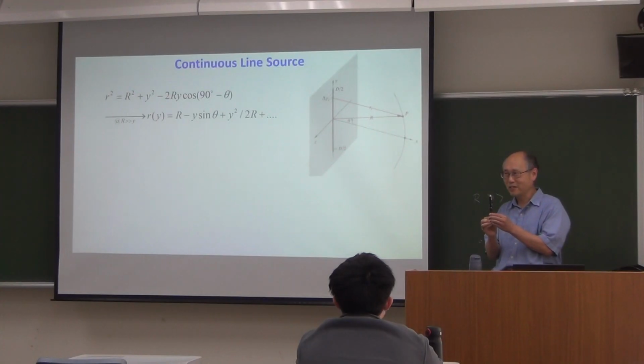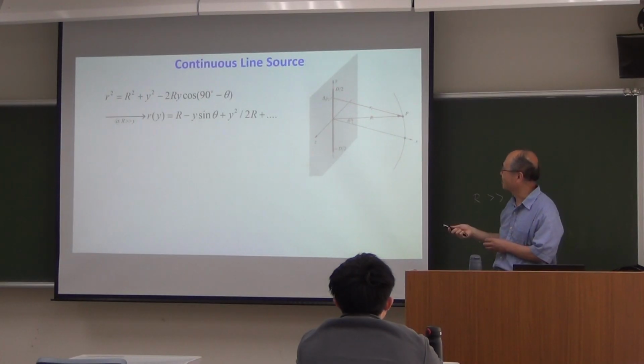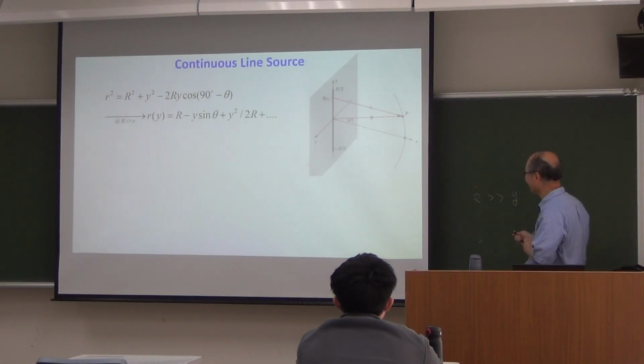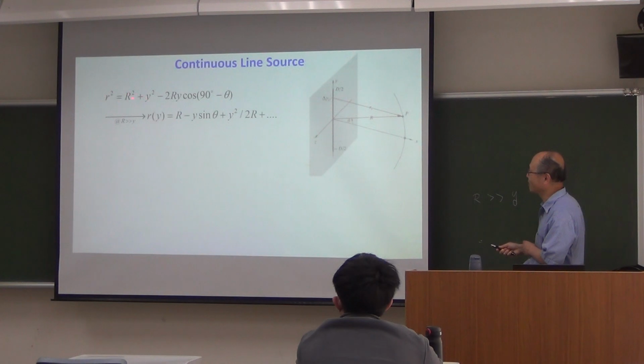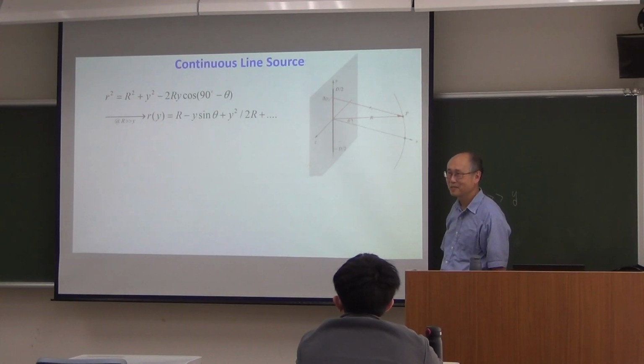This antenna is like this, but we're picking up signal 1 kilometer away. So this R is much larger than 1. So you do a Taylor expansion. You do a Taylor expansion, divide the whole thing by R to get this zero order term, first order term, and second order term. We treat it like a point source.